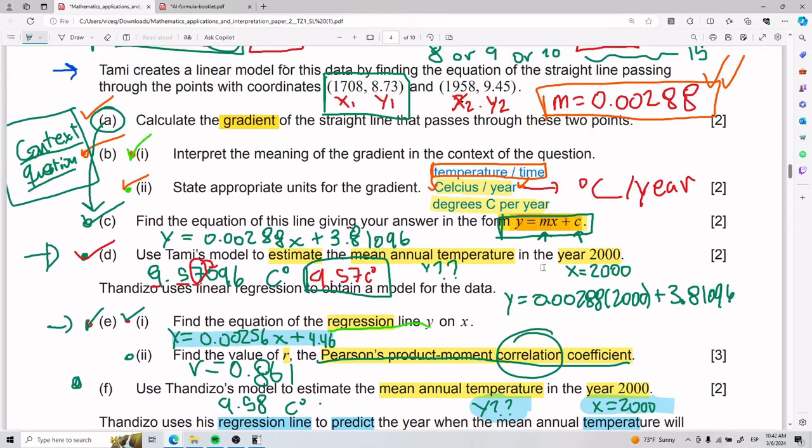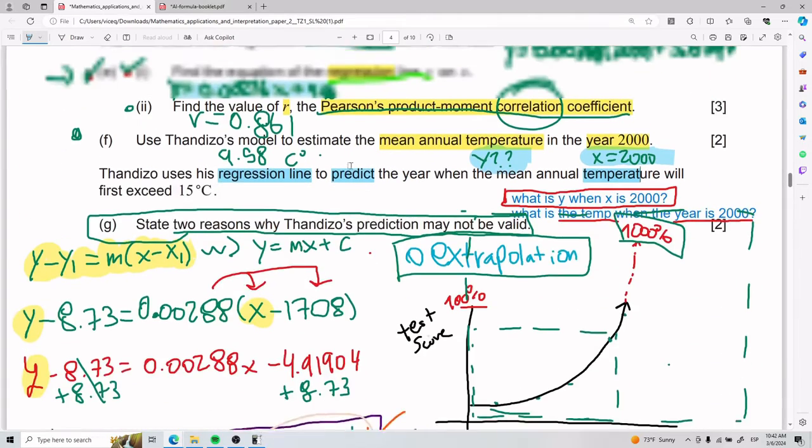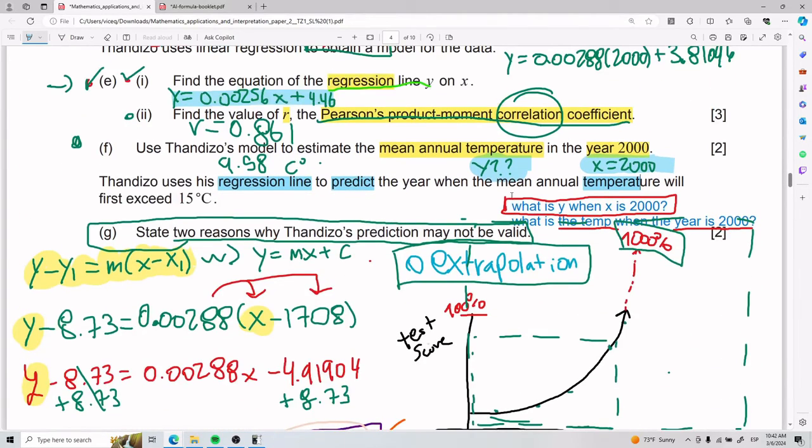In part D, we were again plugging in an x in order to get a y. And over here in part G, technically they're asking us to plug in a y and get an x.